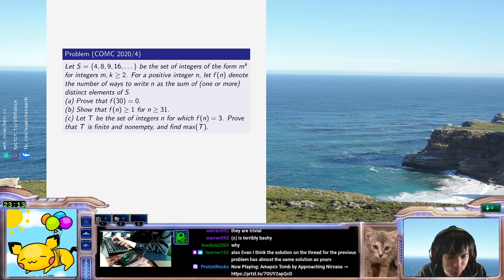I think that just involves me writing out enough elements, right? So perfect powers: 4, 8, 9, 16, 25. Those are the ones less than whatever, 30, 27. There's one more.